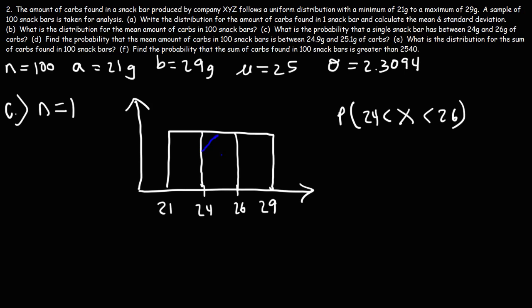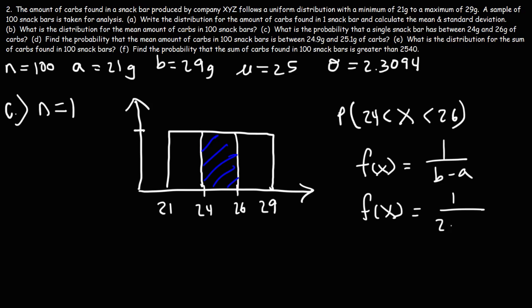So we need to calculate the area of this rectangle. But first, we need to find the y value of that distribution, which is f of x. Now, f of x is equal to 1 over b minus a. b is 29, a is 21. So f of x, the probability density function, is 1 over 8.